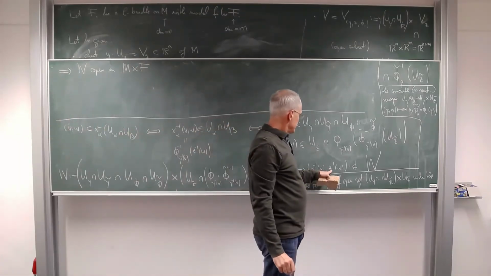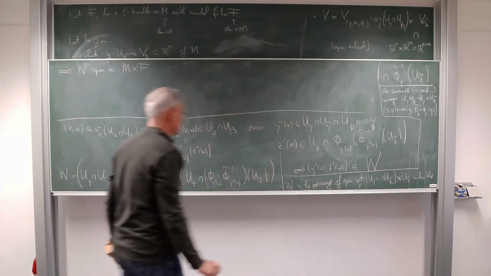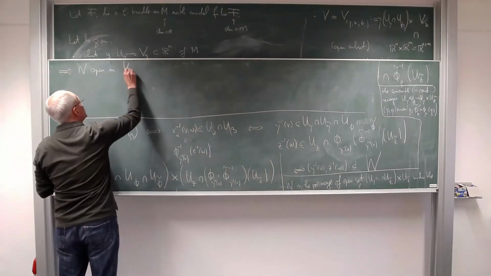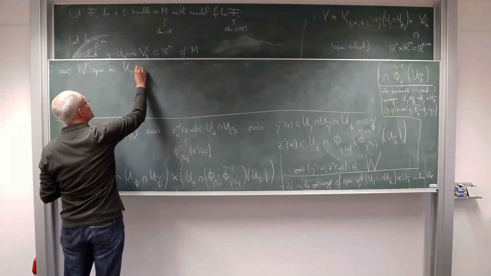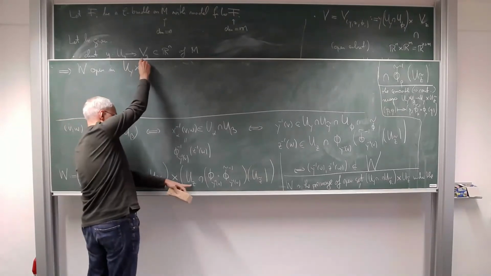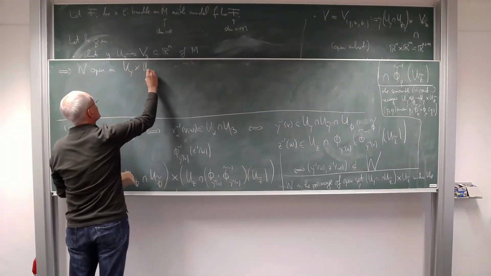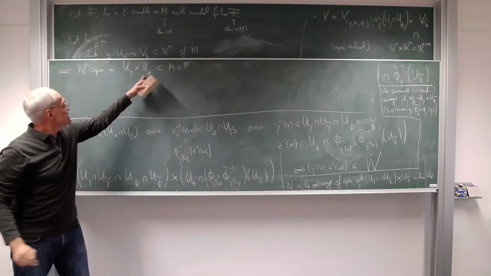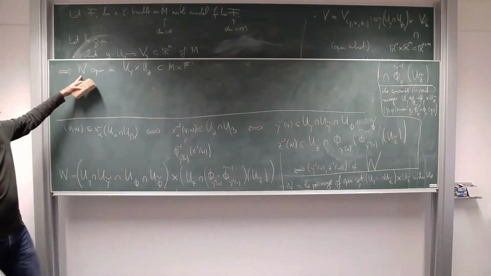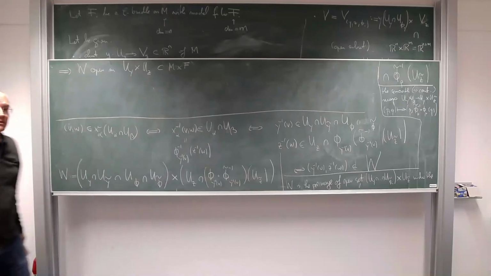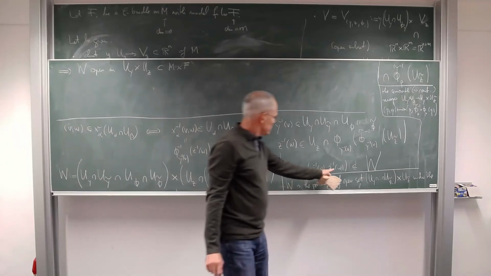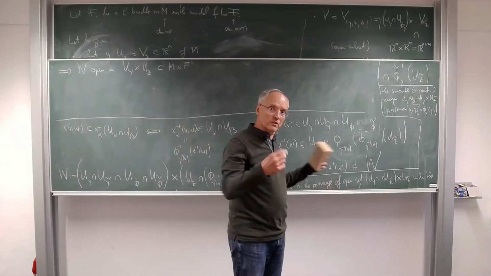Now, Y and Z are homeomorphisms. In fact, W is contained in Uy cross Uz, which in turn is contained in M cross F. This is an open subset in here, and W is open in here or here, it makes no difference. Okay, and now Y, Z, these are the two charts, so they are homeomorphisms onto their images.